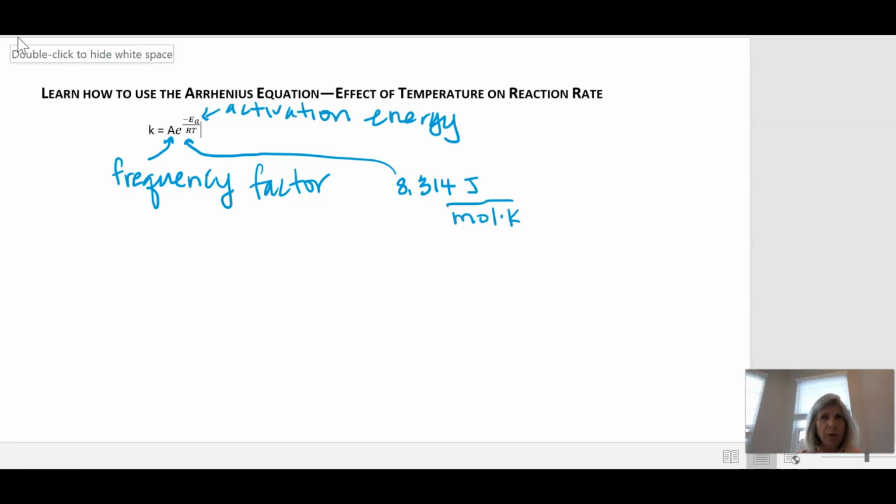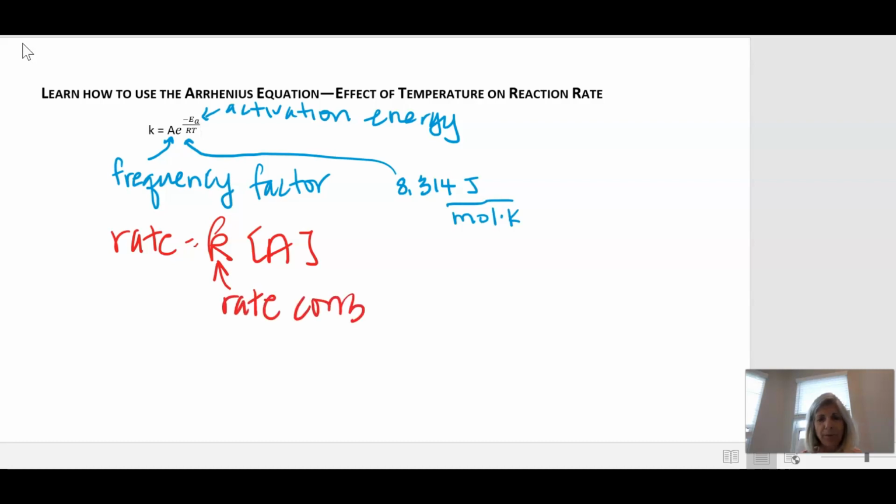So when we were talking about the rate law, and let me quickly jot down the rate law of some fictitious reaction, we had the rate constant.